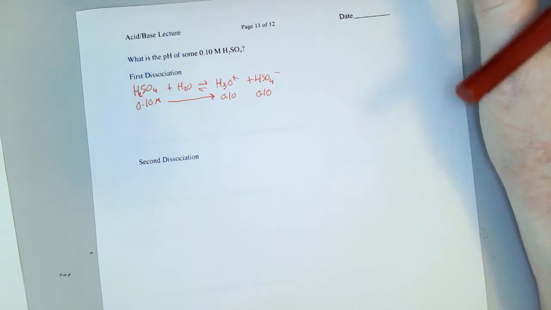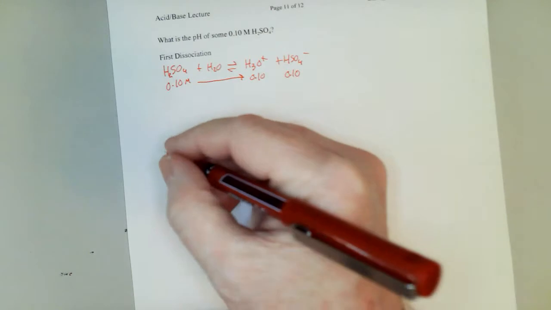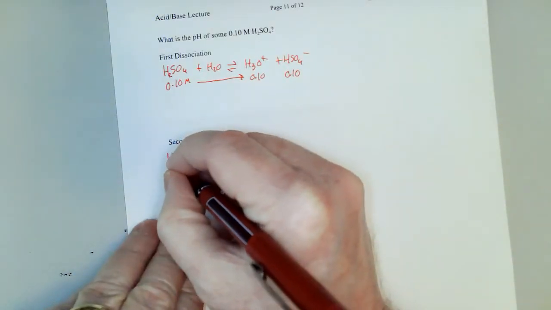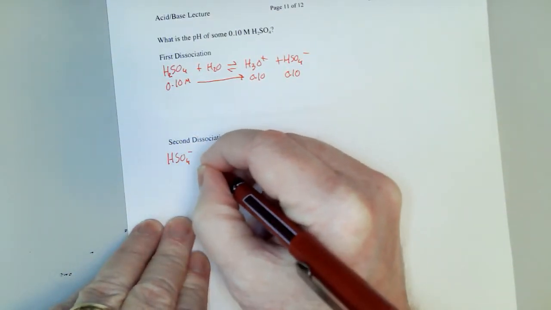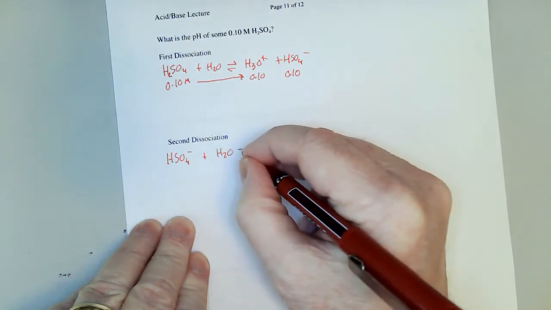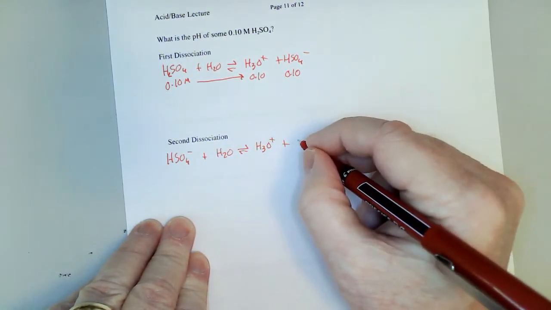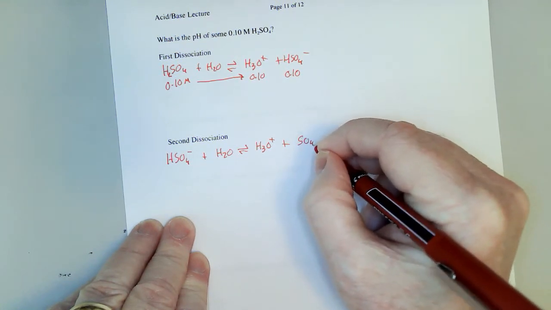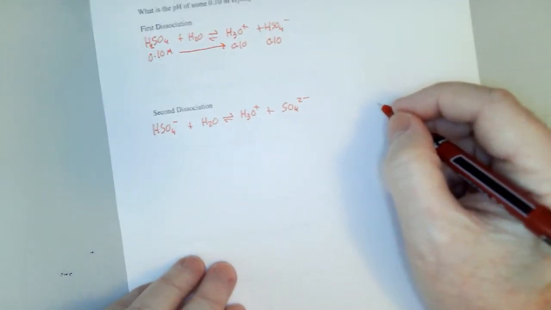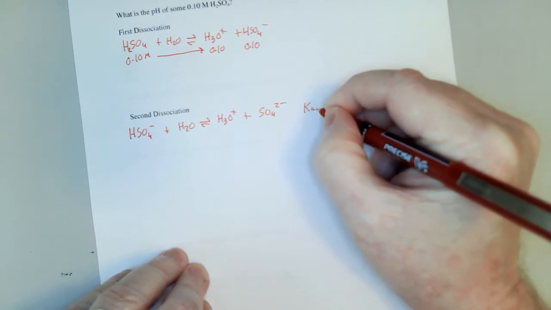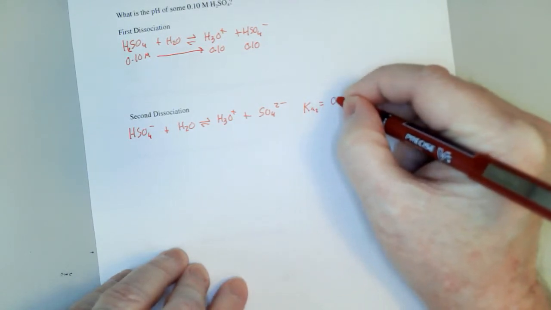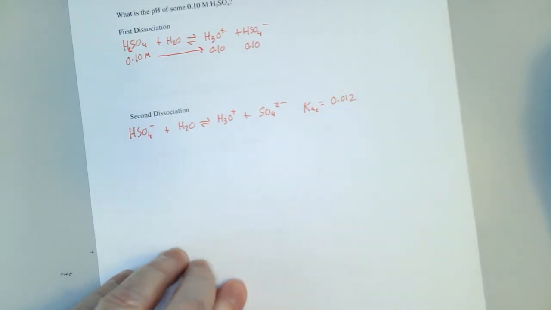Okay, that's how much HSO4 minus we have. Now that's a borderline weak acid. HSO4 minus plus H2O is going to give us H3O plus and SO4 2 minus. Ka2 equals 0.012, or 1.2 times 10 to the negative second.